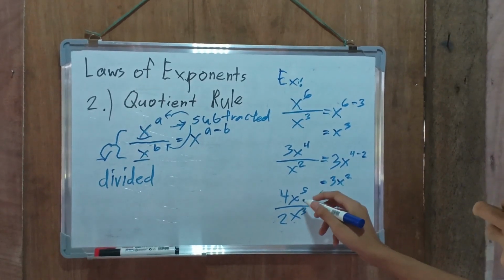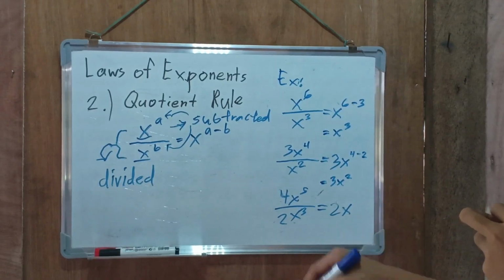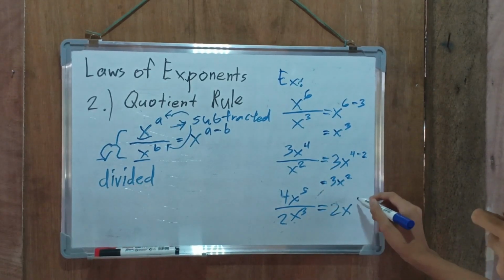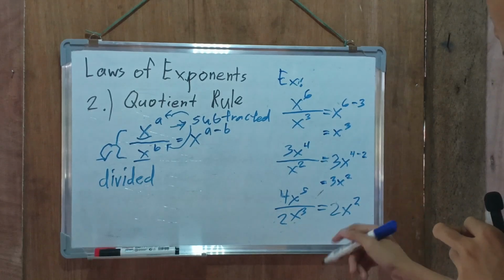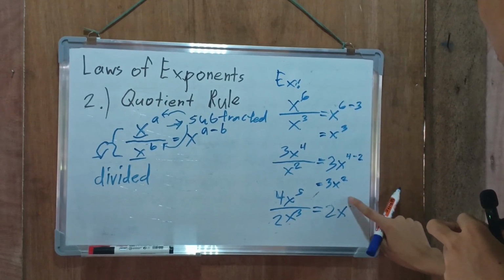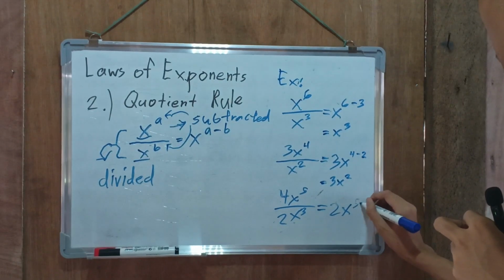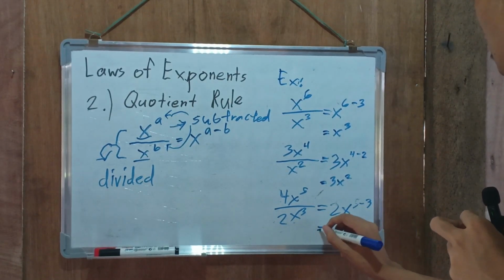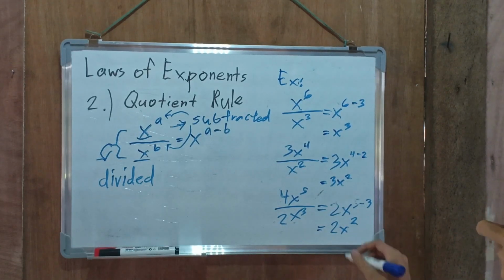And x, you take x, then 5 minus 3 is 2. So it's 2x raised to 2.